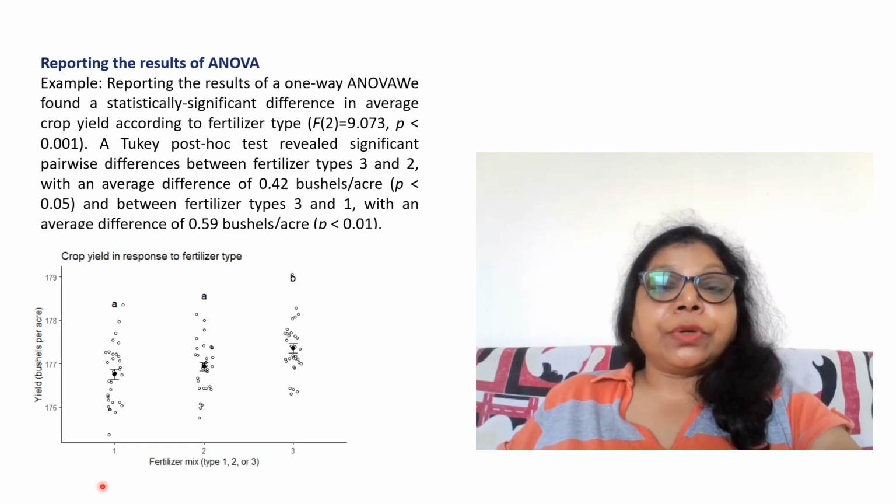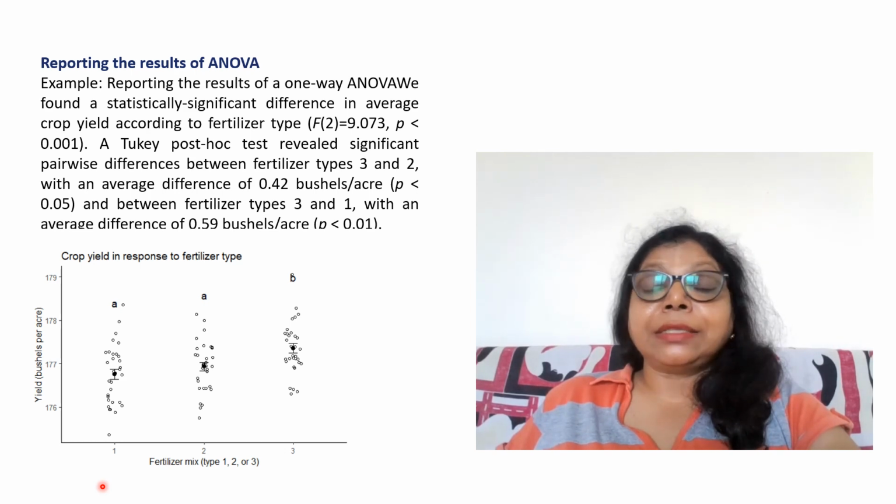A Tukey post hoc test revealed significant pairwise differences between fertilizer types 3 and 2, with an average difference of 0.42 bushels per acre, that is p less than 0.05, and between fertilizer 3 and 1, with an average difference of 0.59 bushels per acre, that is p less than 0.01.